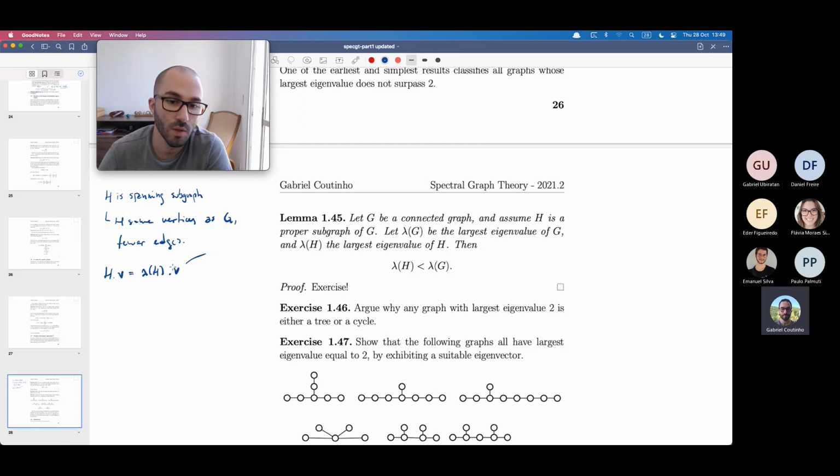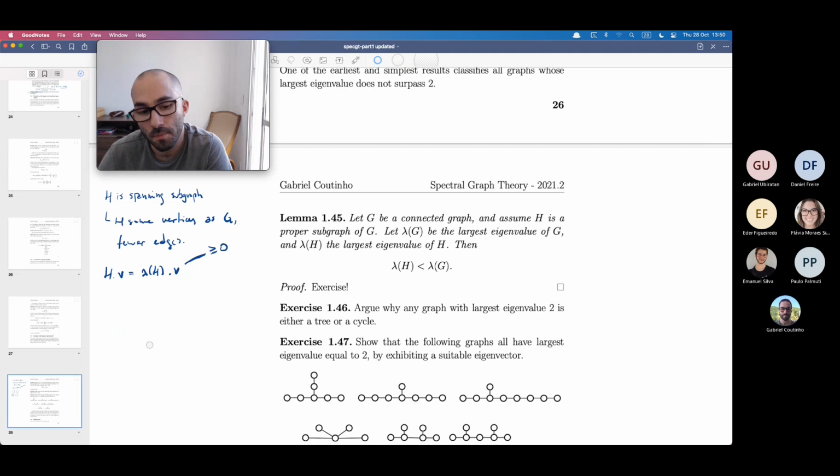So you can always assume that V is non-negative, because H could be disconnected, and the largest eigenvalue of this graph will be the largest among the largest eigenvalues of the connected components. Then you simply take the eigenvector for that connected component and make it 0 everywhere else.